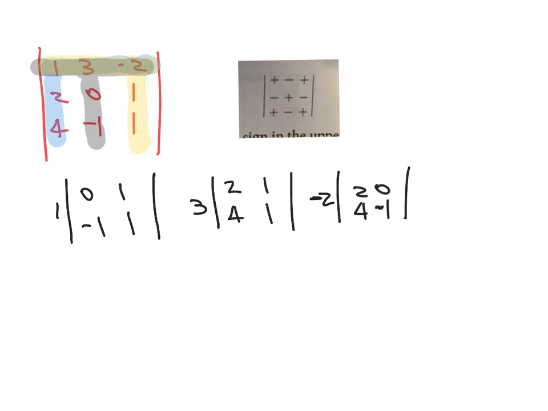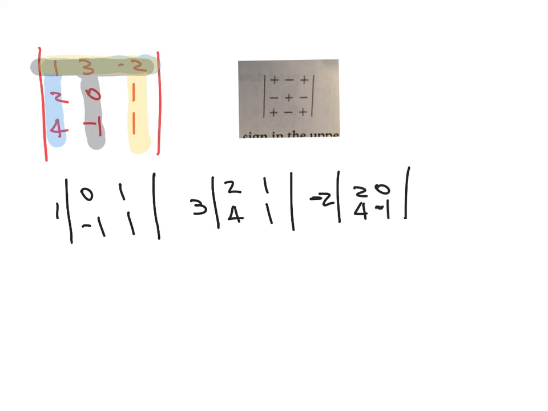Notice the picture that just popped up there with the plus and minus sign. That is from page 373 when it talks about the sign array. I will probably teach you another way to do this, but right now let's just follow what the book is saying. This is telling you what the signs are that go between each of these minors.